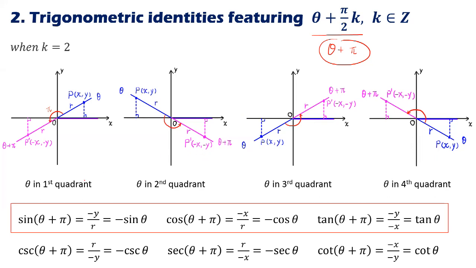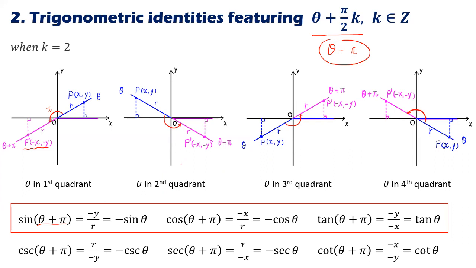Okay, so in this case, if we want to evaluate sine of theta plus pi, we can easily see that by definition, the sine ratio of this angle is the y coordinate over the distance r, right? And the y coordinate of P prime is actually minus y, for all of the quadrants, all of the cases here.